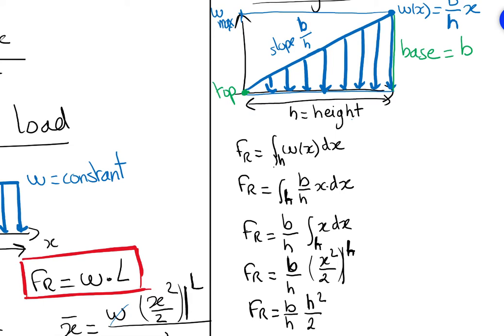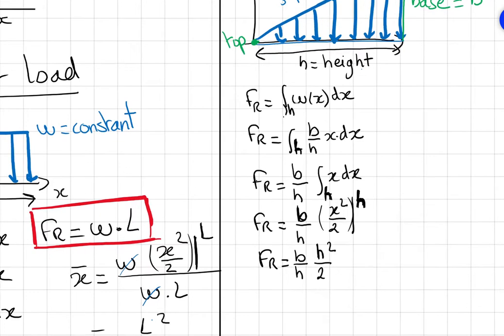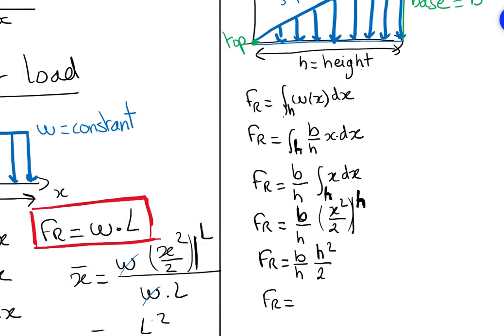For triangles, we call that more the height than the length, the height and the base. But that's the same thing, this distance there, H. So finally, FR is equal to B times H squared divided by H, which is B H divided by 2.